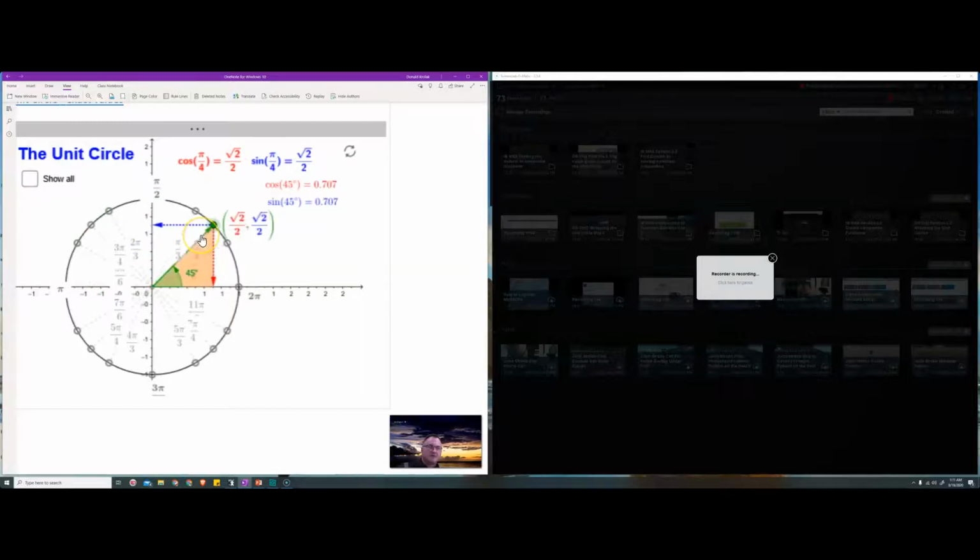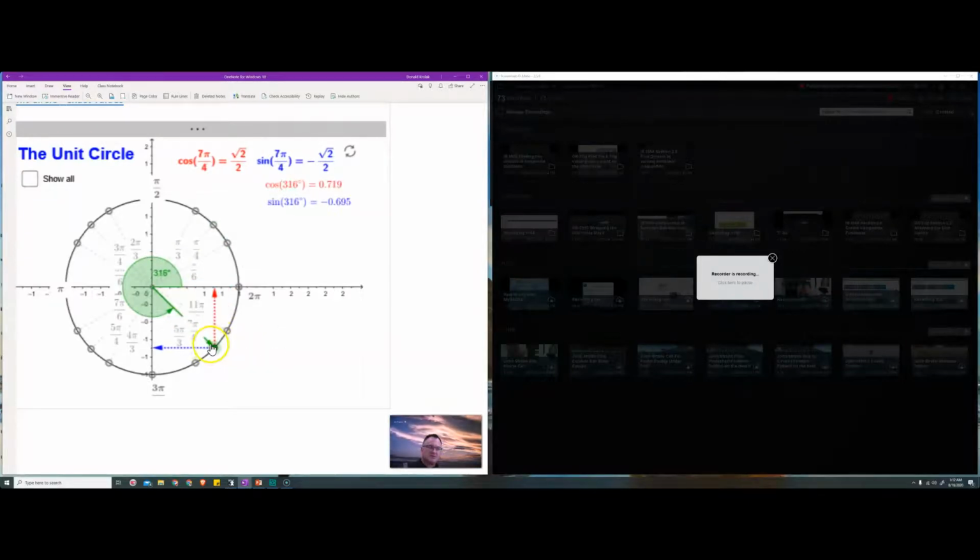Okay. When I go back to the original and I flip it over the origin, both signs change. And when I go back to the original and I flip it over the x-axis, just the y coordinate changes.